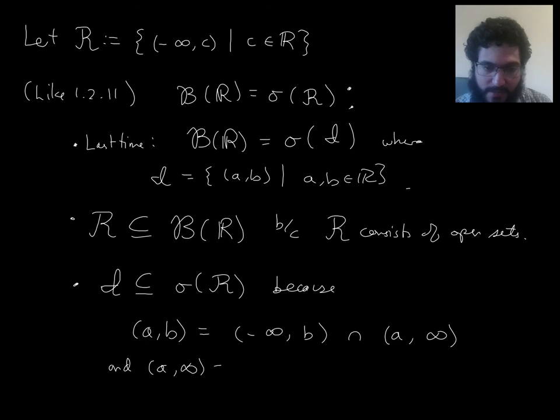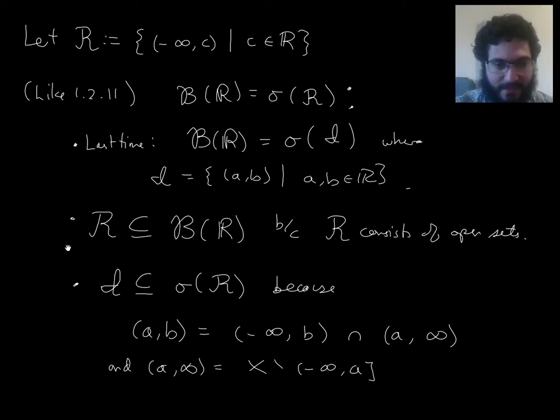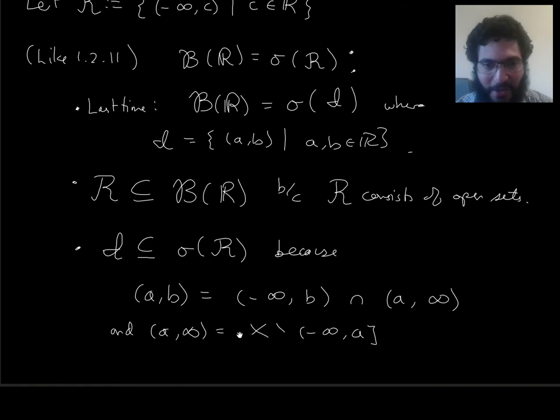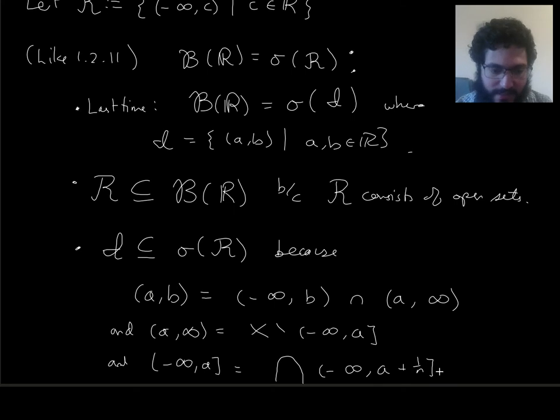But I claim that it is because it's the complement of that. That might not be in R either, but I claim that it is, because it's a countable intersection. It's an intersection of the a plus 1 over n's, running over all natural numbers n.